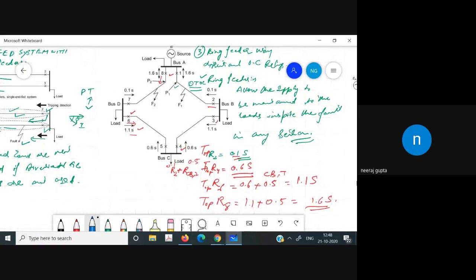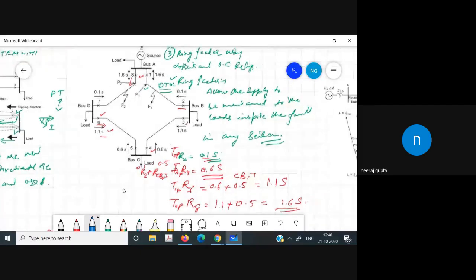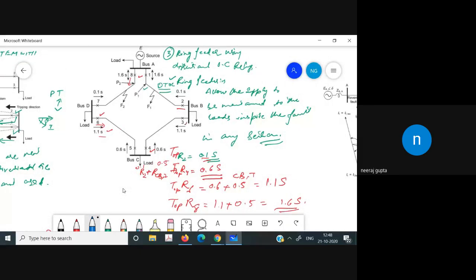We assumed that we are using the DTOC kind of relay, and calculated how the times of different relays can be fixed. And one principle we have to take into consideration is that the relay will trip only when the power flow is away from the bus. So this is all that we have done.